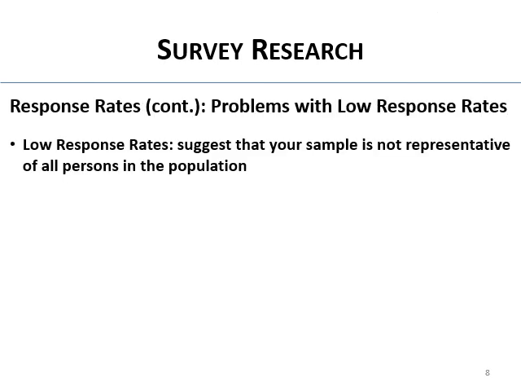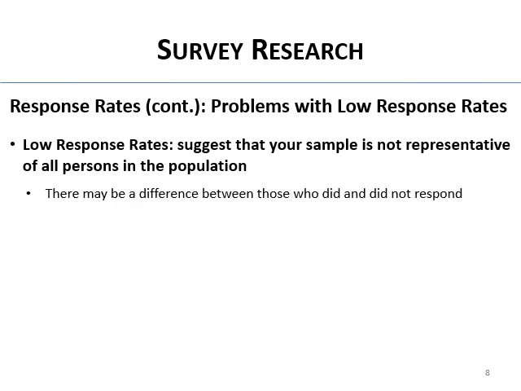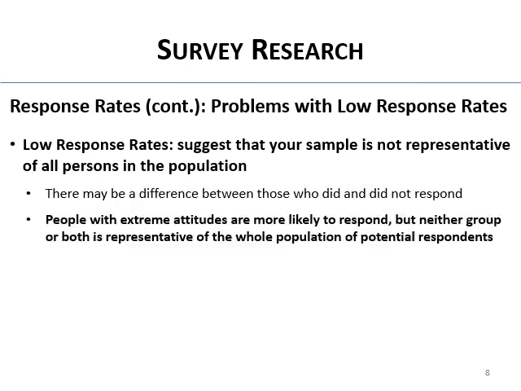So low response rates are a problem. They suggest that your sample is not really all that representative of all people, right? So if you send out 100 and you get 17 back, like this hospital survey, do those 17 really reflect the whole range of opinions about hospitals? Probably not. There's probably a difference between those who responded and those who did not. Who's more likely to respond?